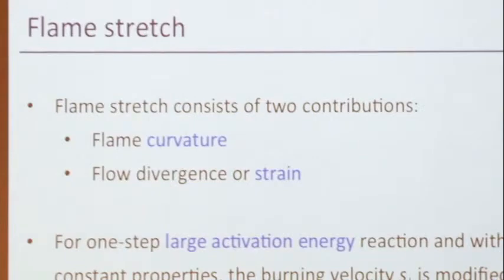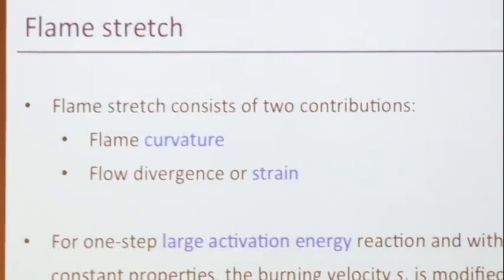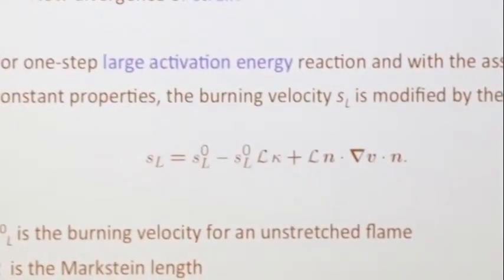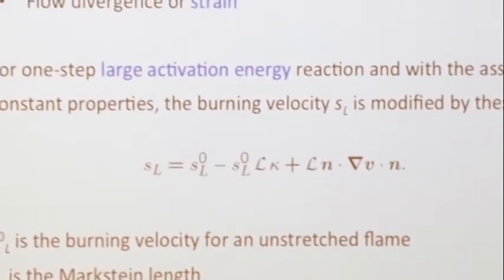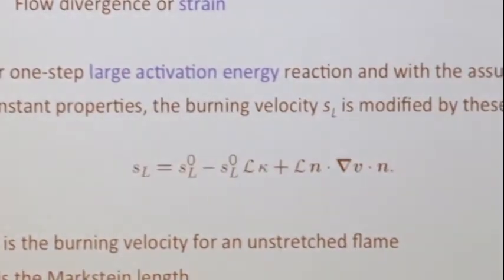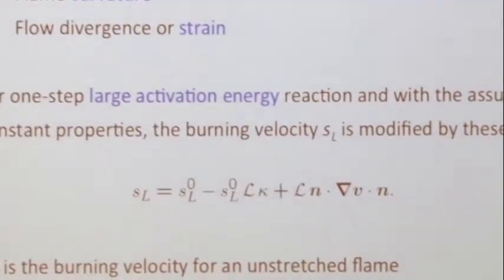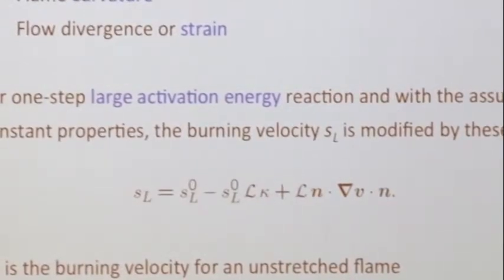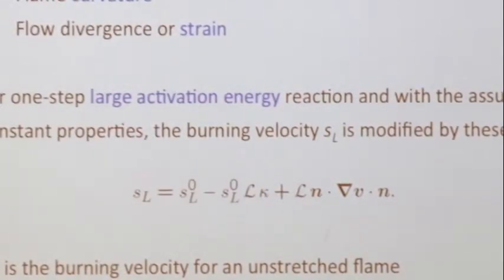Now, there are analytic forms that consider these effects for the burning velocity, derived here for one-step large activation energy reaction. You get something like this. SL is equal to SL naught. This would be the unstretched burning velocity. And then minus a term that involves the curvature, and then plus a term that involves the strain here.